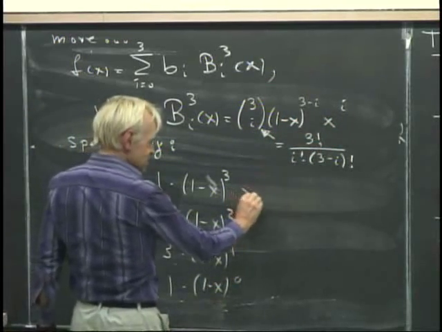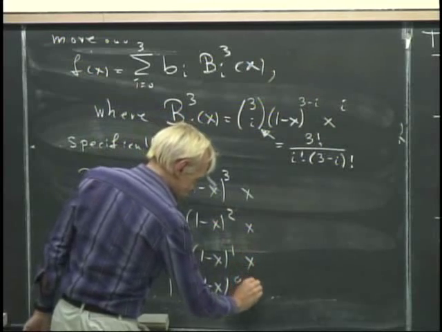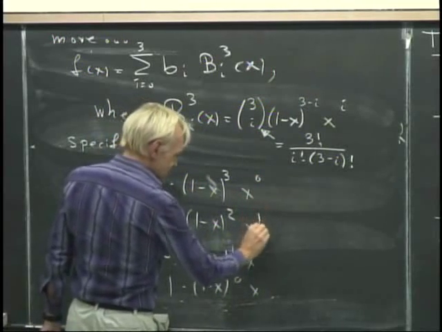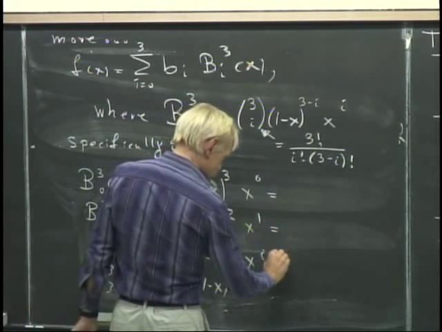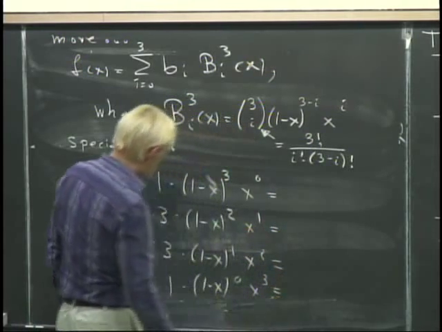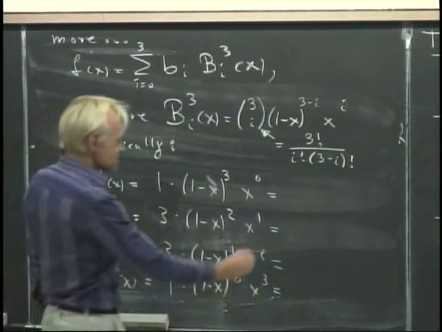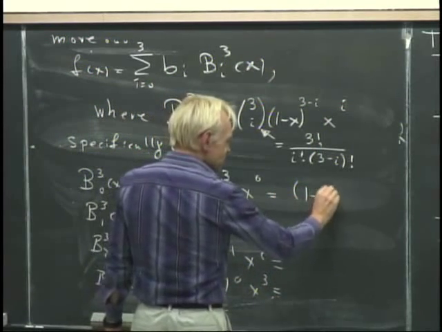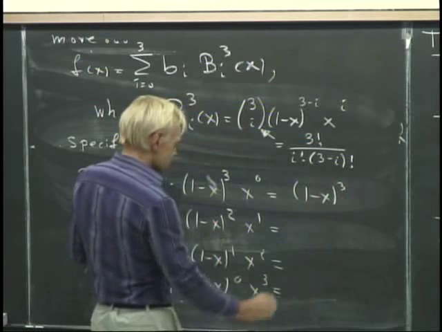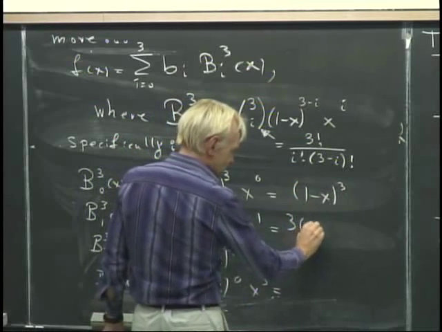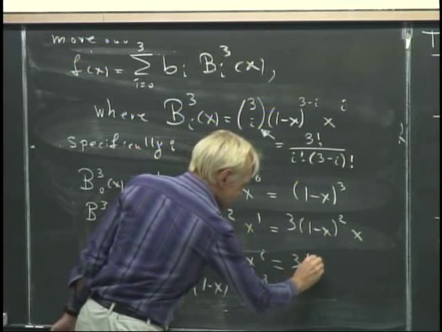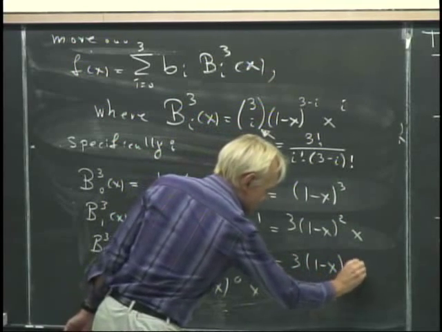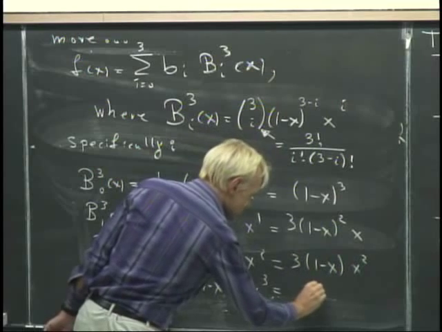Now I can collect terms and simplify. This first one is 1 minus x cubed. This one is 3 times 1 minus x squared times x. This one is 3 times 1 minus x times x squared. And the last one is just 1 times x cubed.